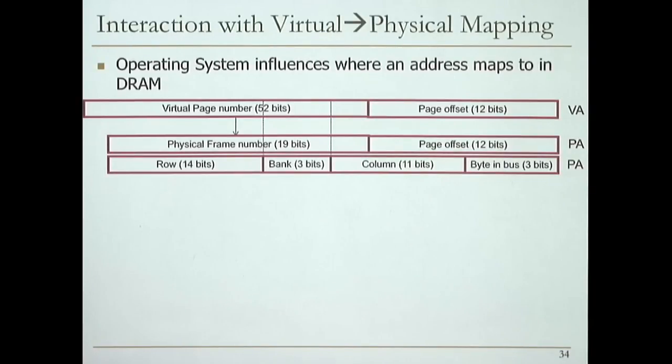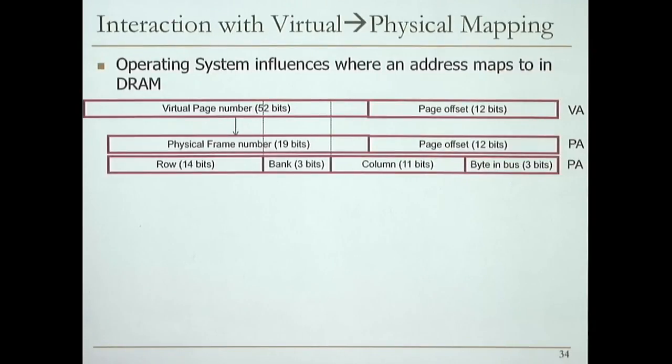Or if you have a channel bit over here, the operating system can have that effect as well, right? So the operating system can potentially affect these conflict patterns by doing this allocation well or wrong, or even if it doesn't know about it, it may affect the allocation patterns, right?